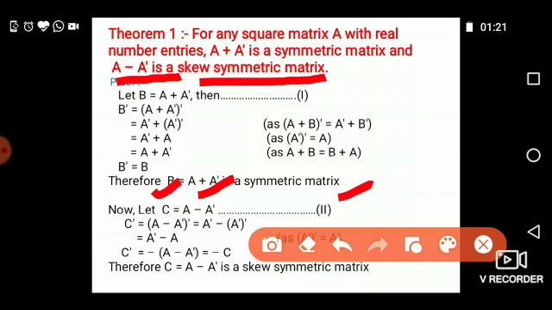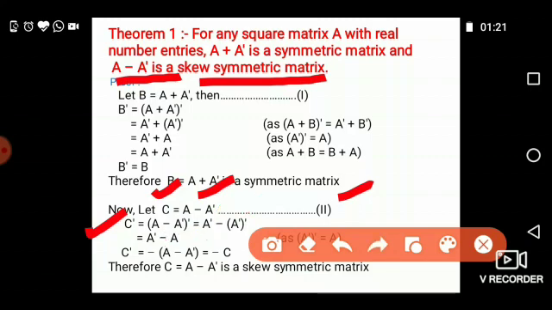To define the symmetricity and skew symmetricity, we have to take the transpose of matrix C, or the transpose of equation number 2. Therefore, C dash is equal to A minus A dash the whole dash. Again, by the properties of transpose of a matrix, that becomes A dash minus A dash of dash.